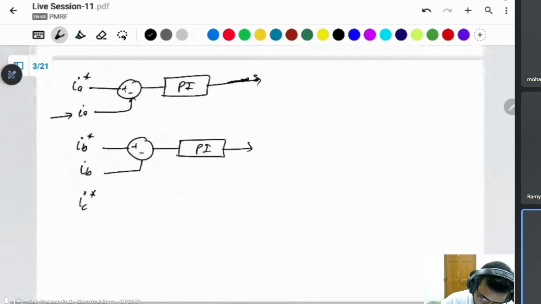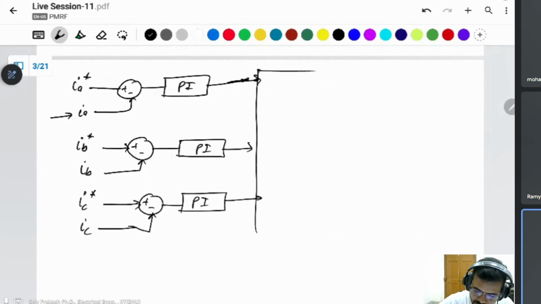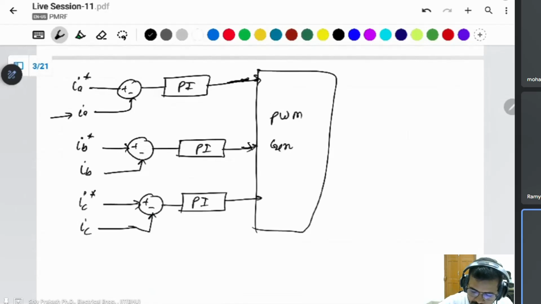IC reference, IC. This will go to the PWM generator.